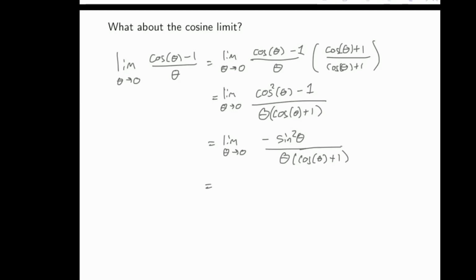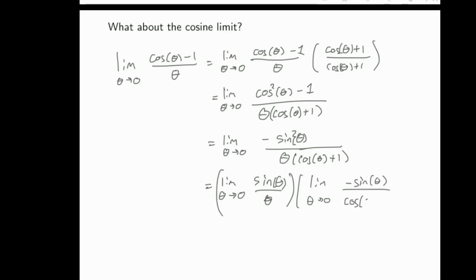But I can rearrange this in a nice way. You'll see that I have a sine of theta over theta that I can use. So I can use my limit properties and peel out a sine of theta over theta and multiply that by the limit as theta goes to 0 of negative sine of theta over cosine of theta plus 1.